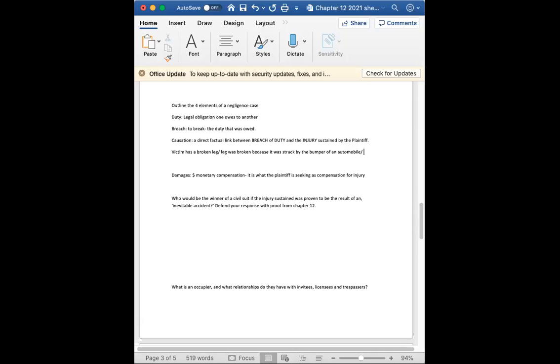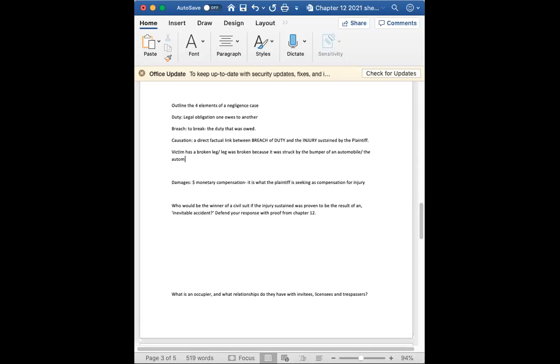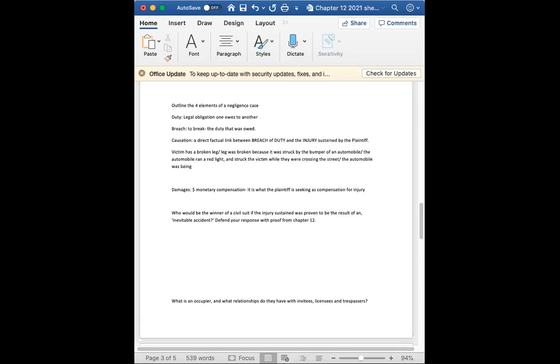Why was it struck by the bumper of an automobile? The automobile ran a red light and struck the victim while they were crossing the street. The automobile was being driven, if I could spell, by the plaintiff. Nope. Defendant. The plaintiff is the victim here.